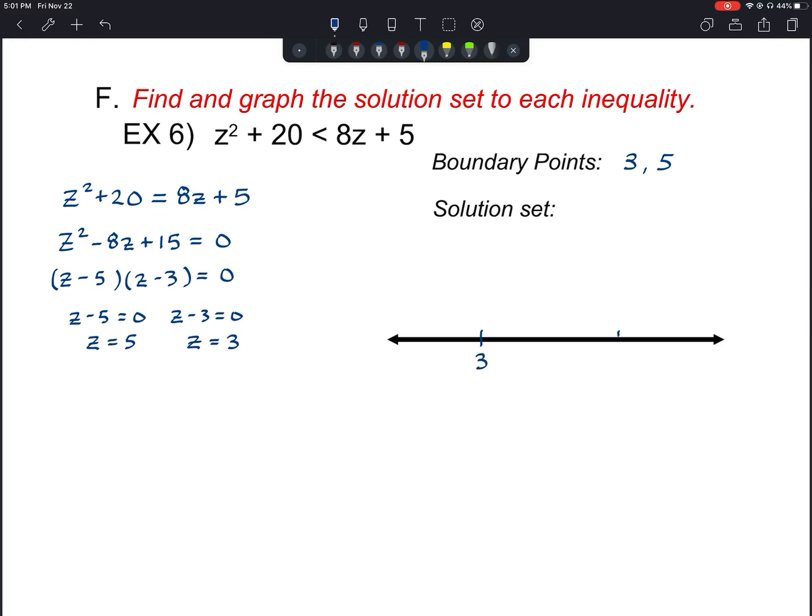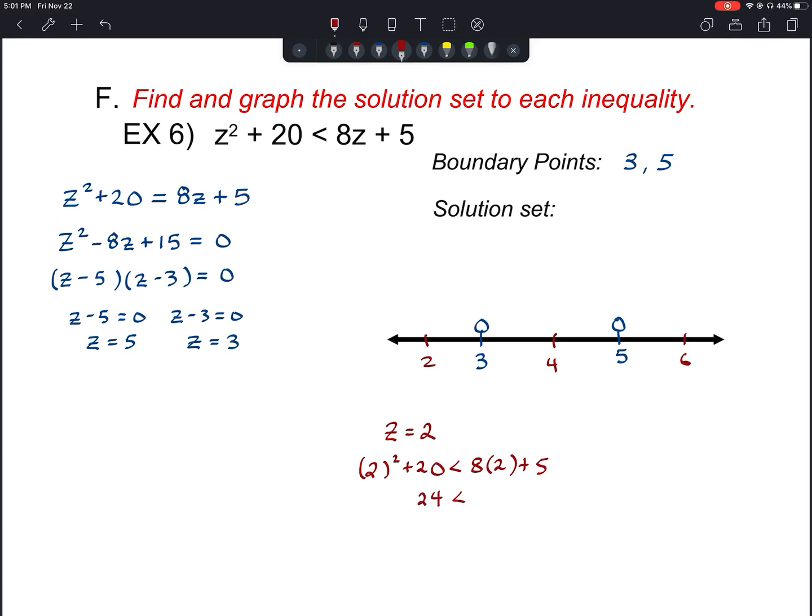So let's plot those on our number line. With this one, they're open circles. And then choose your values again. So when we do this one here, if we say z is equal to 2, we'll put in there 2 squared plus 20 is less than 8 times 2 plus 5.